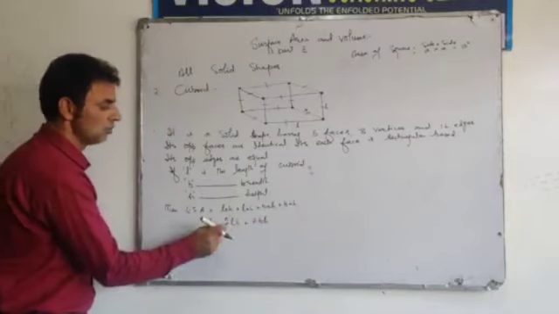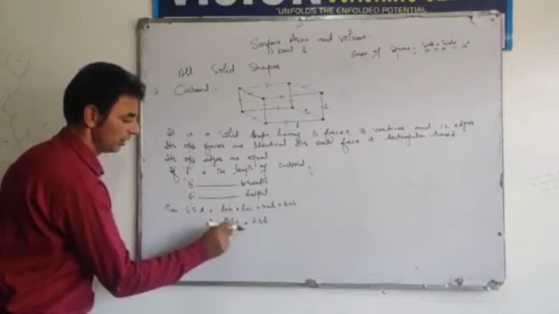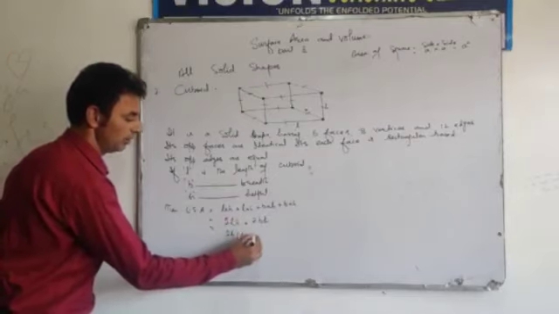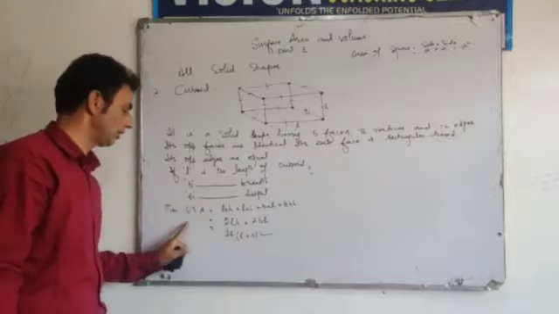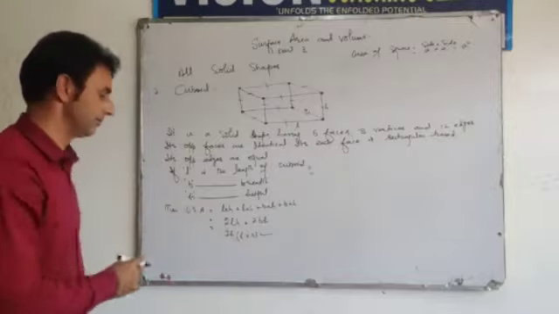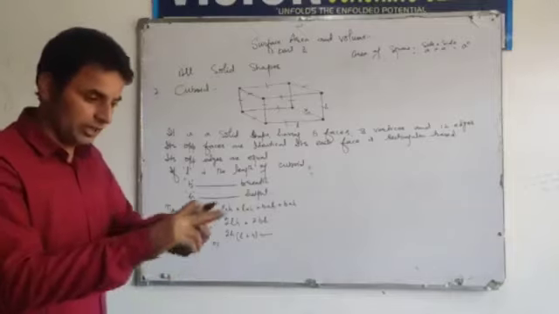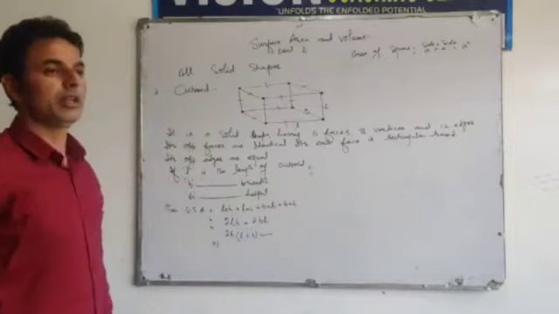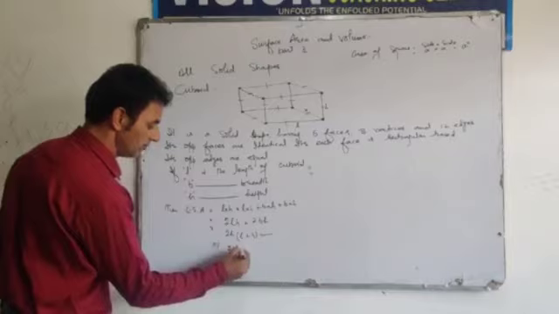As 2 and h are common in both, you can now write it twice h into (L plus B). This also is a correct form of the lateral surface area of a cuboid. But as we know, a cuboid is rectangular based, so the lateral surface area of a cuboid is twice (length plus breadth) into height.